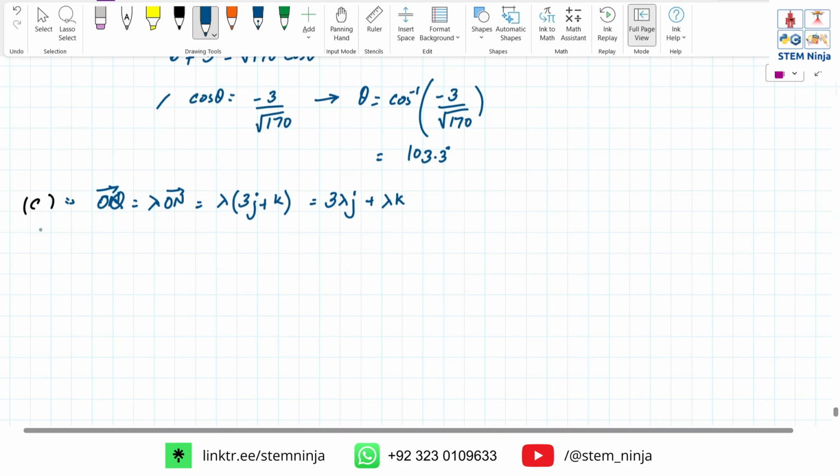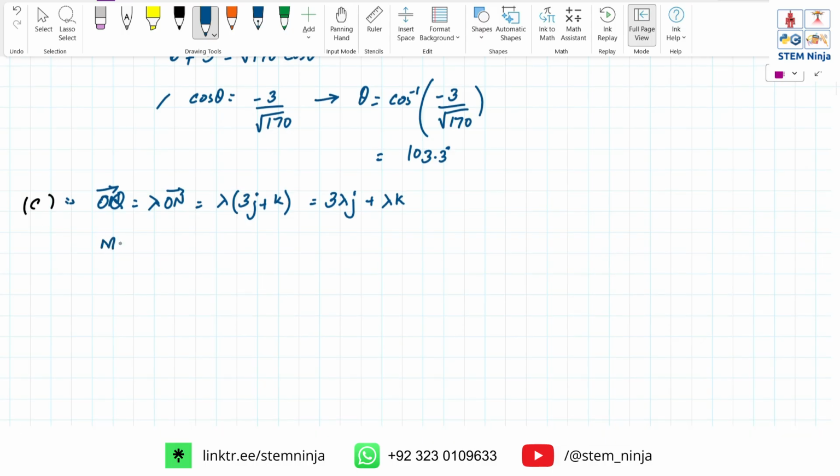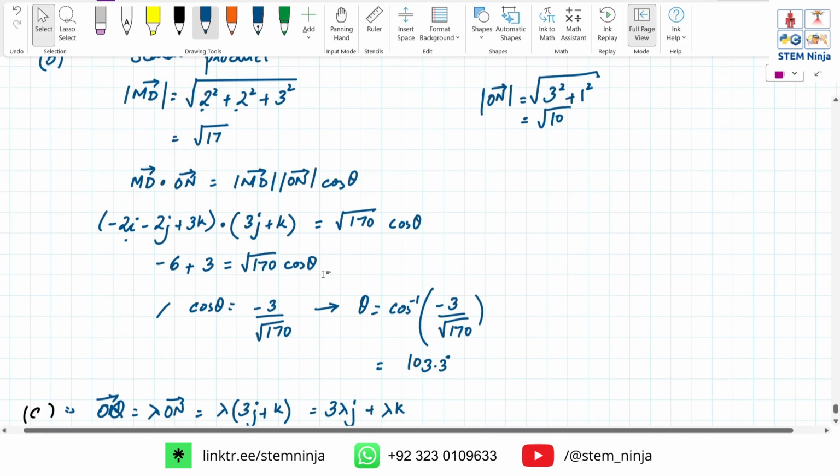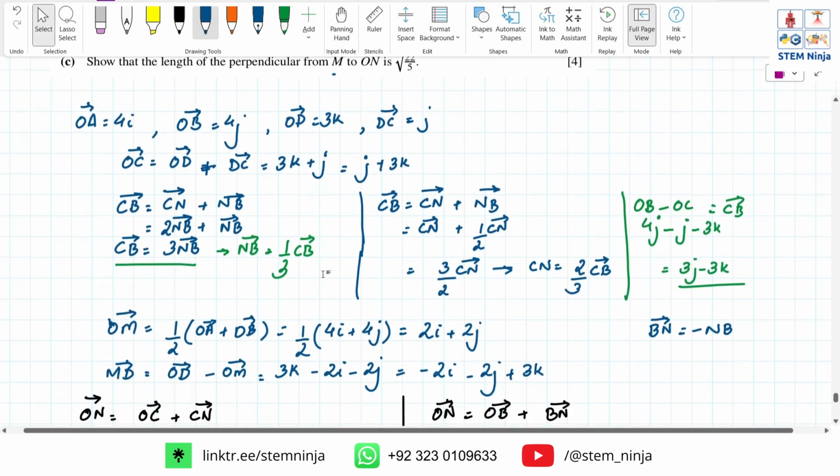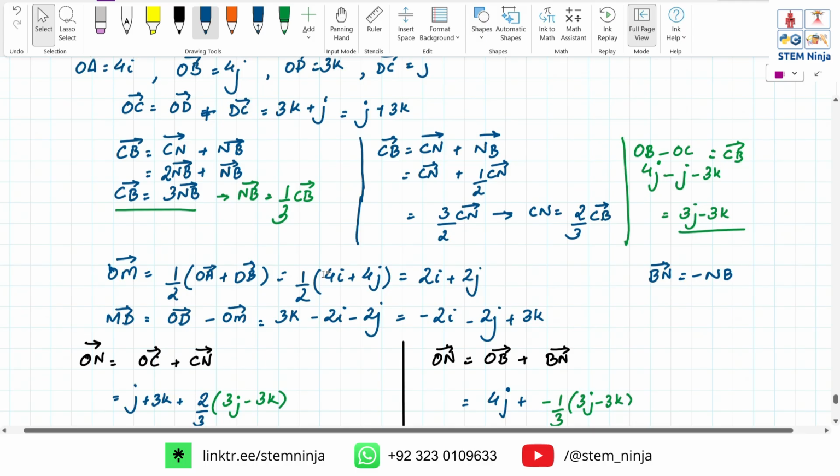Then we also need MQ, which can be written as OQ minus OM. So OQ is 3 lambda j plus lambda k minus OM, which was 2i plus 2j.